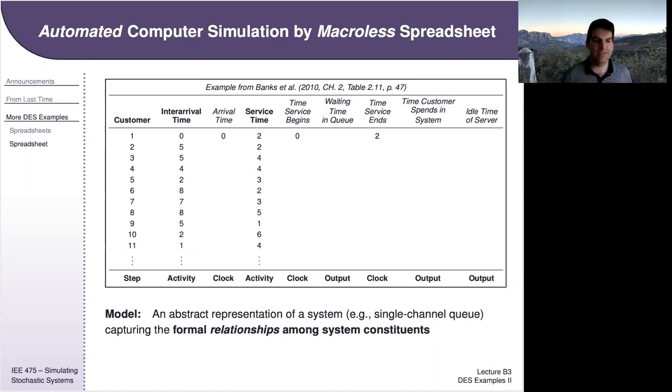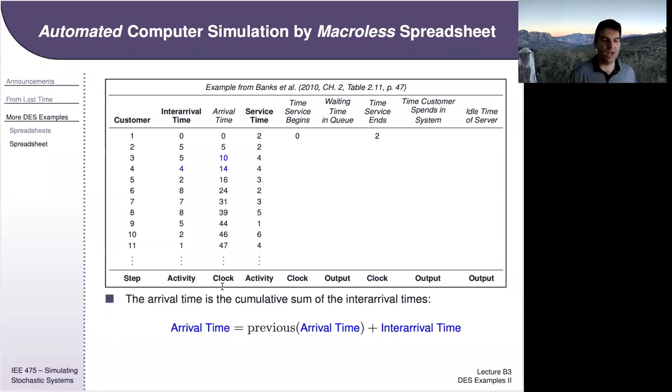So as an example of that, if I wanted to populate down the arrival times, I know that for every customer, what will always be true is that the arrival time for that customer is the arrival time for the previous customer, plus the inter-arrival time for the current customer.